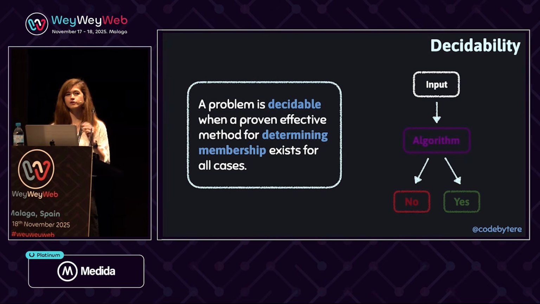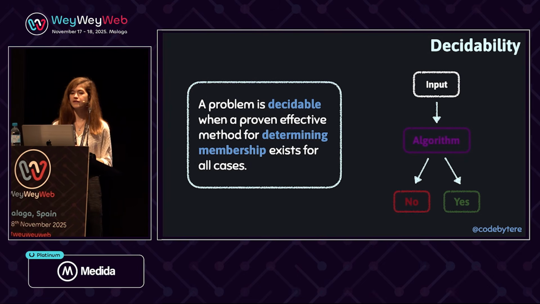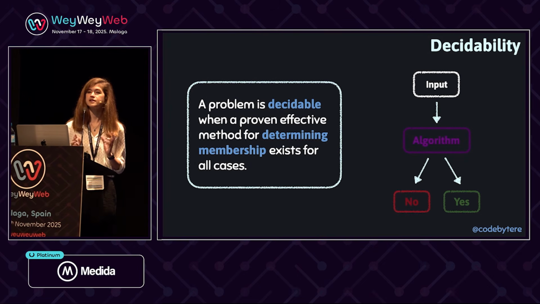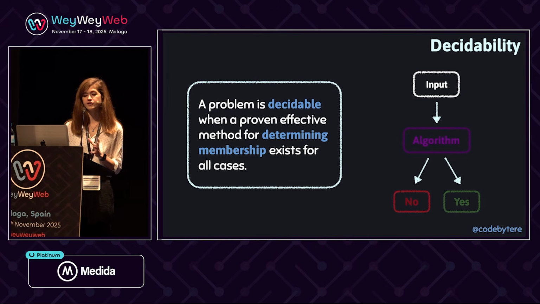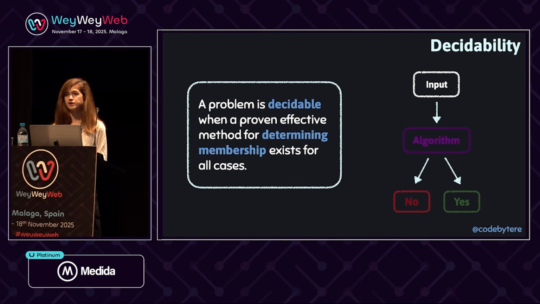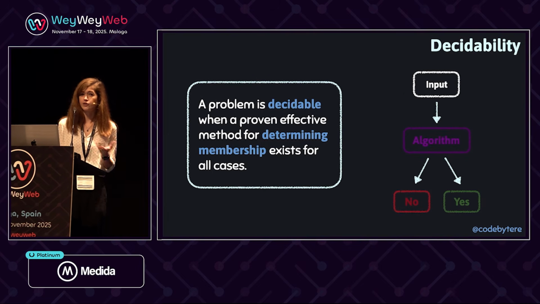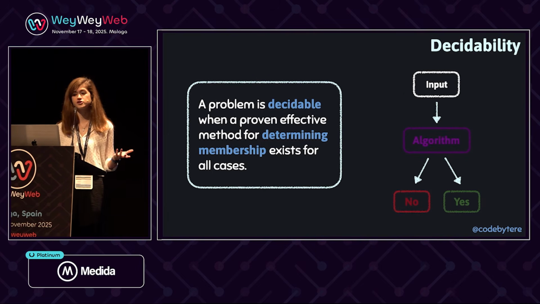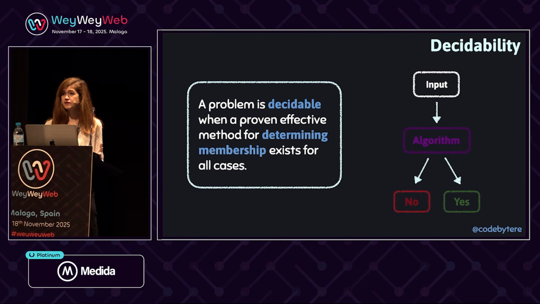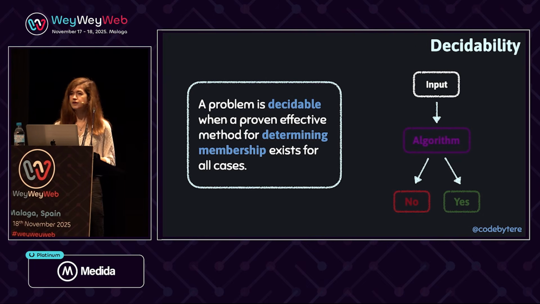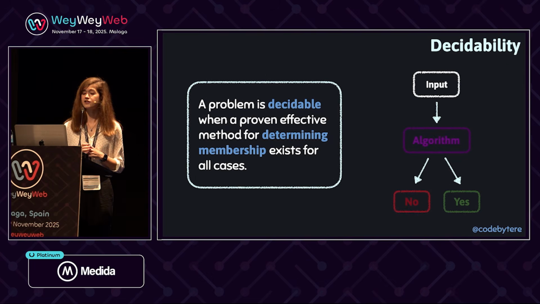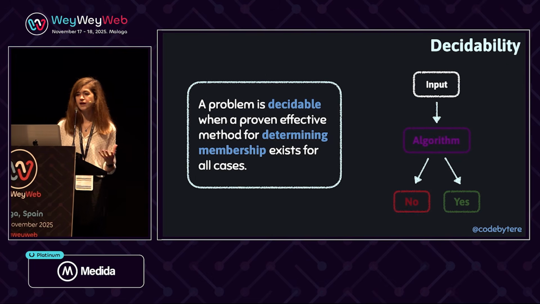Next, I'll ask you to think for a second about whether or not there's a perfect set of rules to decide whether or not a given book will be interesting to every possible reader. You can't, right? Everyone has different interests, and those interests change over time. This is an undecidable problem. There's no universal algorithm that can solve this for every book and every reader.